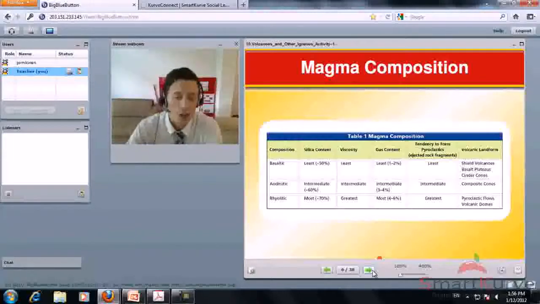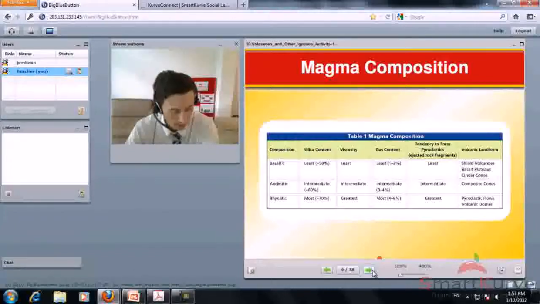And those are going to be our very low viscosity. The low viscosity lavas, the low viscosity magmas. So those are going to be the very thin, runny magmas.